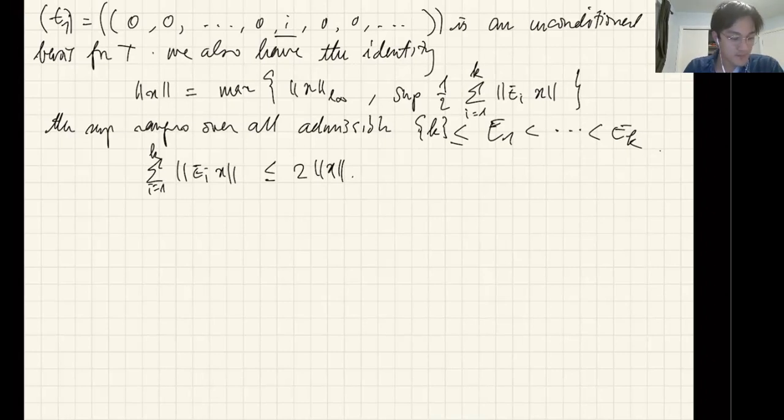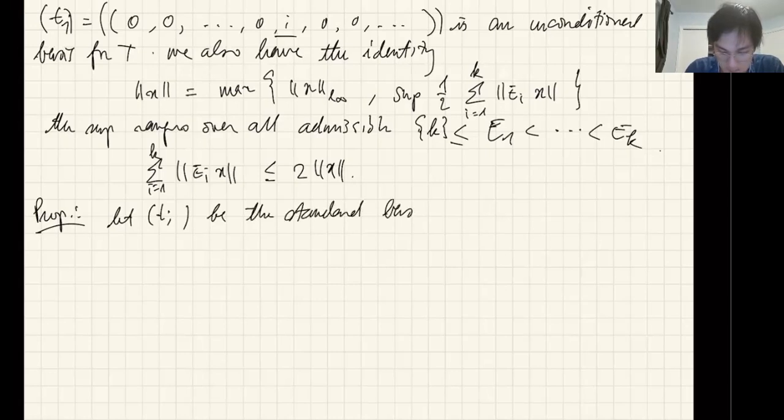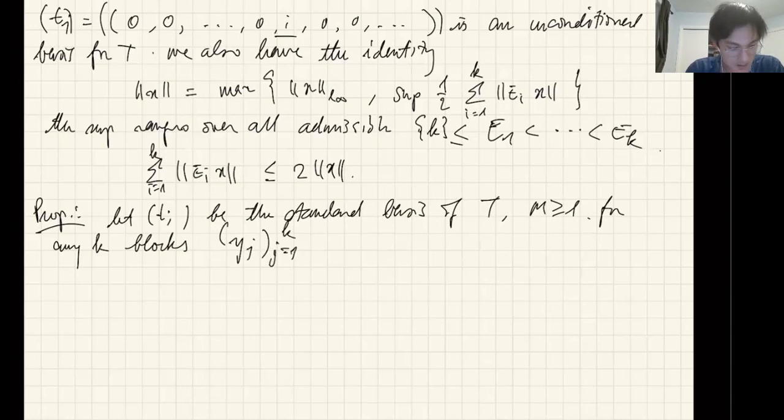Okay, so now we have a proposition. Let ti be the standard basis of T and m greater than or equal to 1. For any k blocks yj, j equals 1 to k, where each yj has 1 over m less than or equal to the norm of yj less than or equal to m.